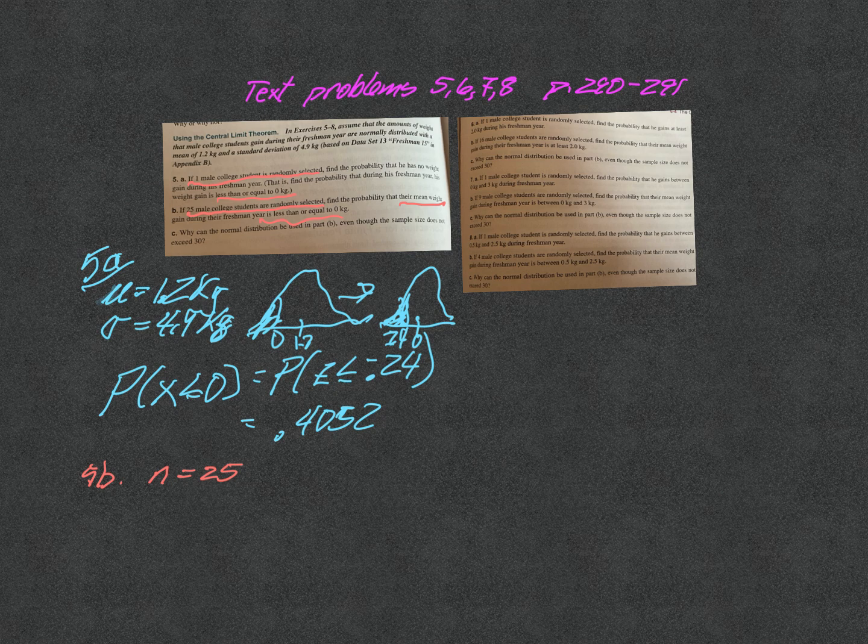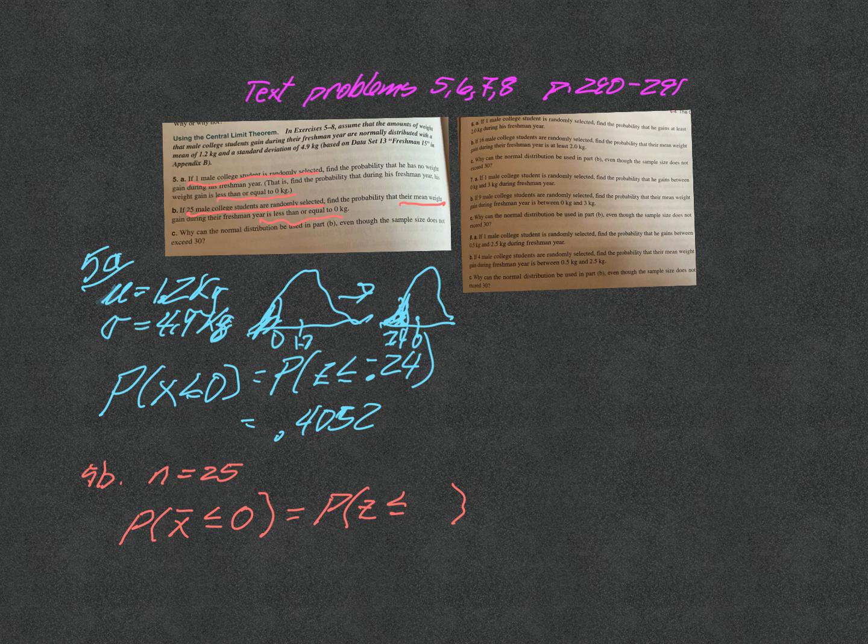We want the probability that the average weight gain of these 25 guys was less than 0 kilograms. So we need to turn that into a z value, so that we can use our tables to calculate it.